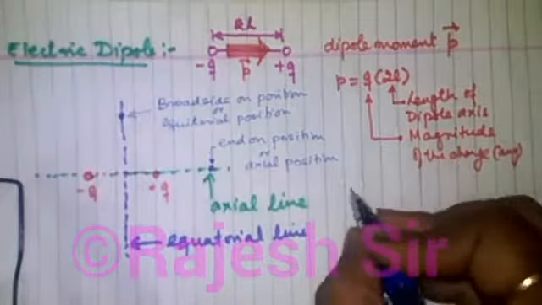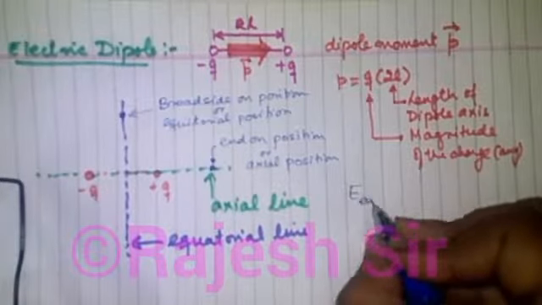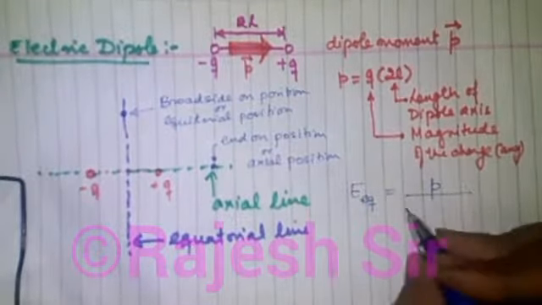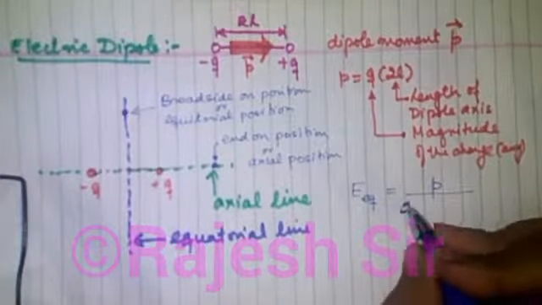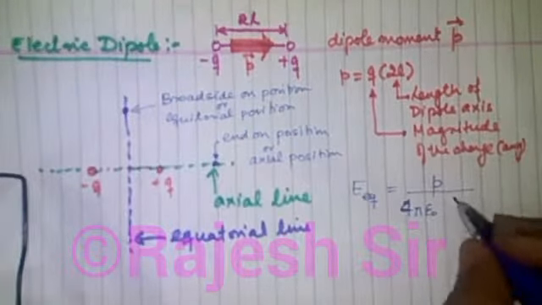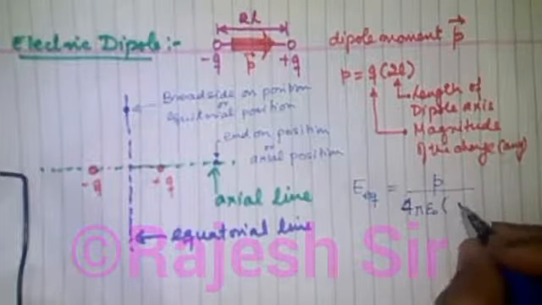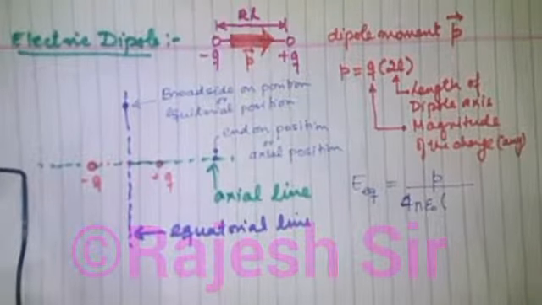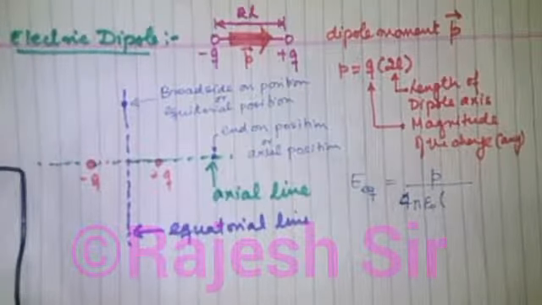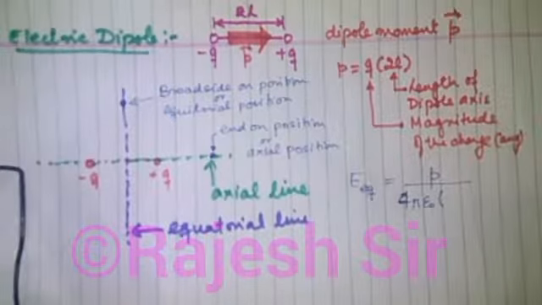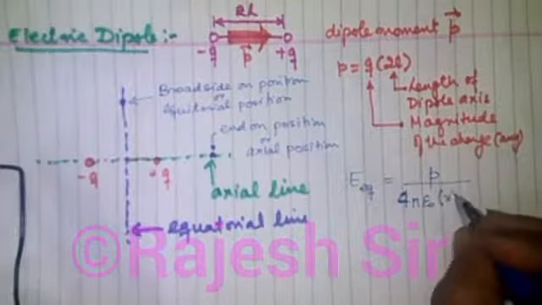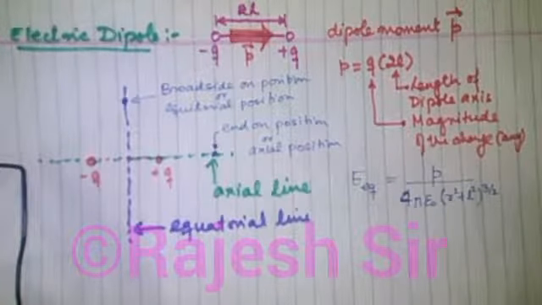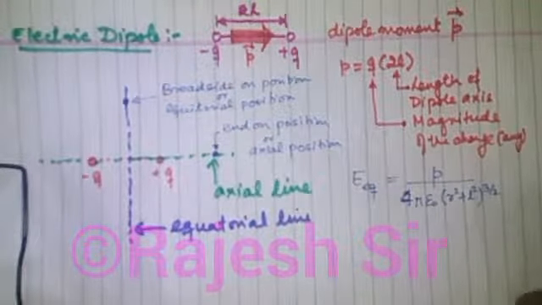The electric field at the equatorial position is equal to P upon 4 pi epsilon naught, times (r square plus L square) to the power 3 by 2, in the denominator. This formula is for the electric field due to a long dipole.